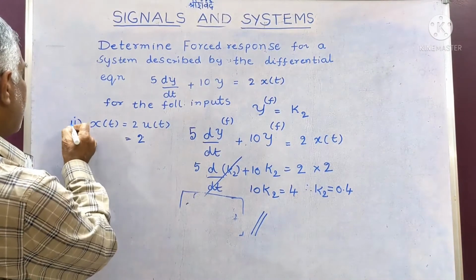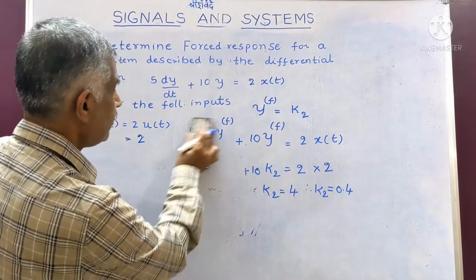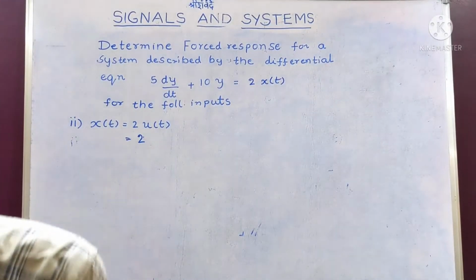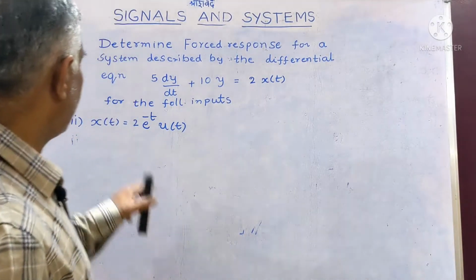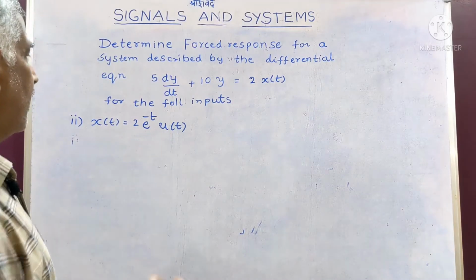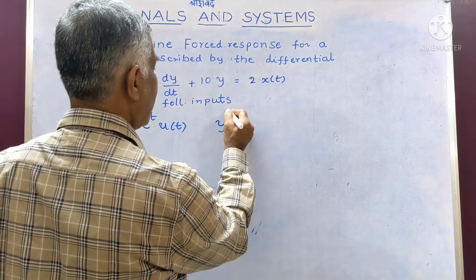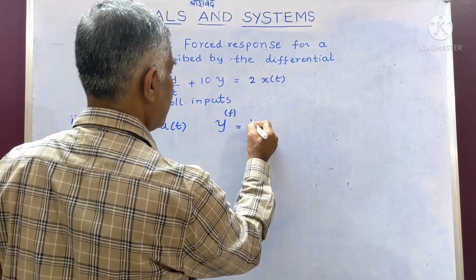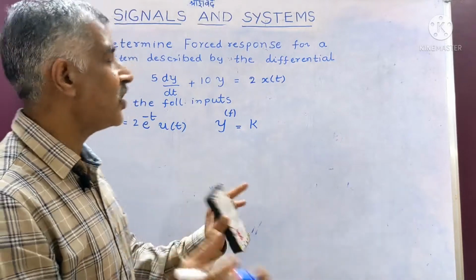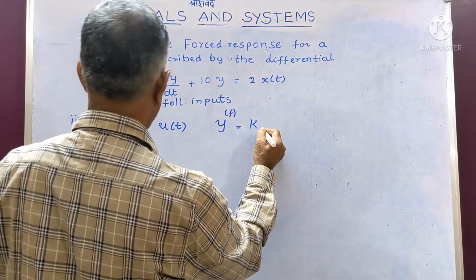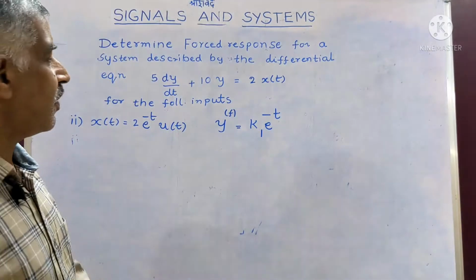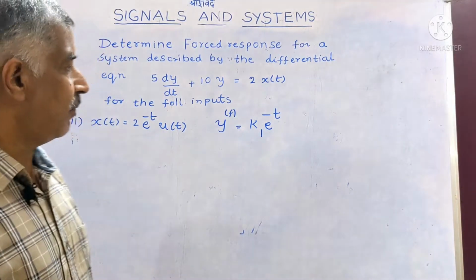Now, next one. The second input: x(t) equal to 2 e power minus t u(t). Now the forced response for this case is of the form, you can call it k1, k2, any constant, k1 e power minus t.